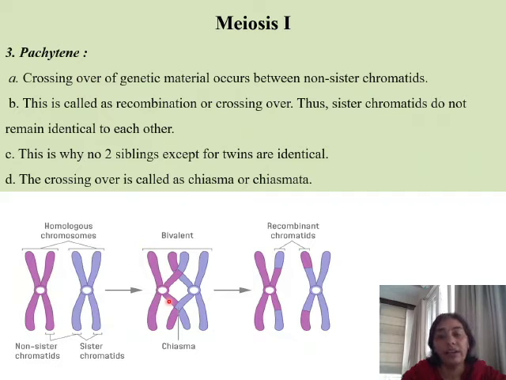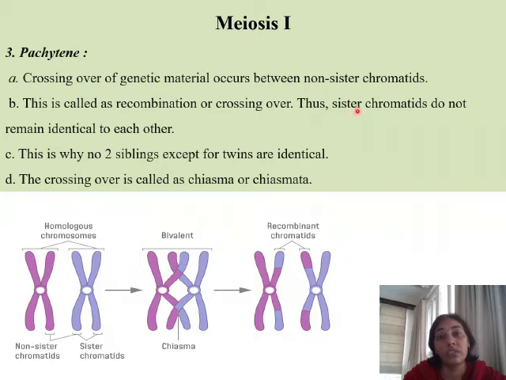So now let us try and understand what changes are going to take place during crossing over. Synapsis has already occurred. The two homologous chromosomes are already in contact with one another. And finally, there is exchange of genetic material between the two non-sister chromatids. So here it is clearly visible how the genetic material from one chromatid is transferred to another chromatid.